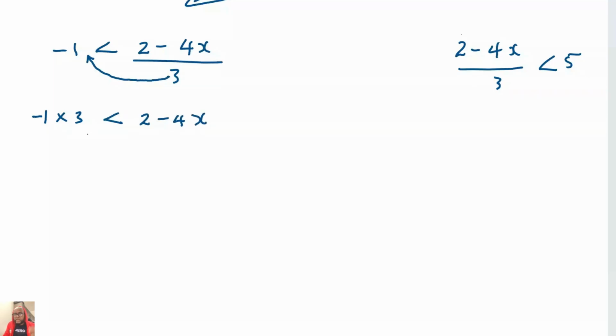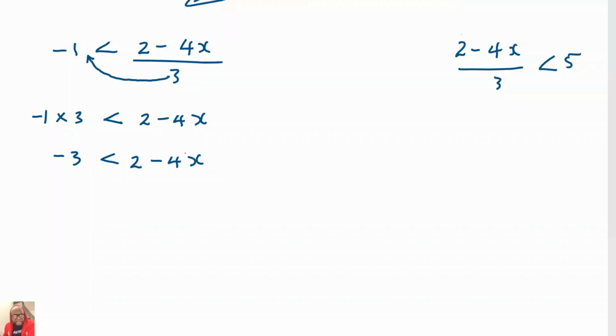Everybody good there? -1 multiplied by 3 will give me what? -3. And this will be less than 2 minus 4x. What's the next thing I need to move here? Leave the x on the right. That's something I should have told you all, because we need to write out our inequality. Actually, you can carry it to the left.